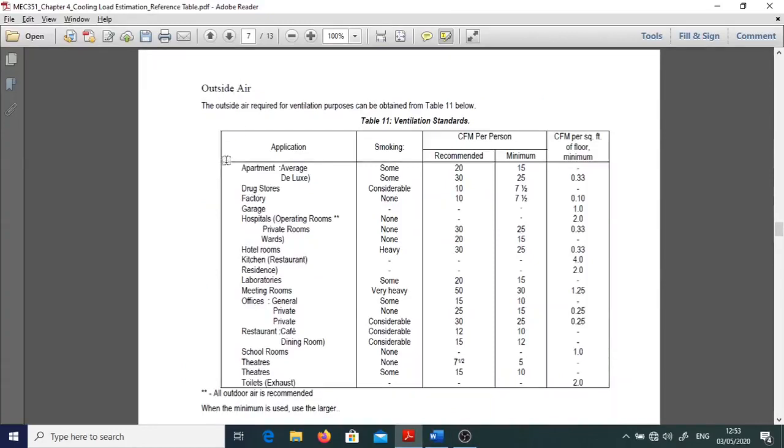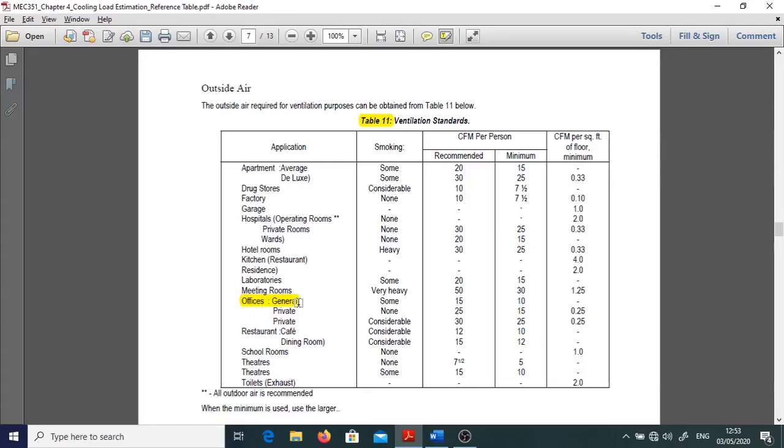Under the application, we choose the exact or nearest application. So we have here office, and also general office. If we have the exact one, it will be easier. But if we don't have, we have to make an assessment and choose the nearest application.